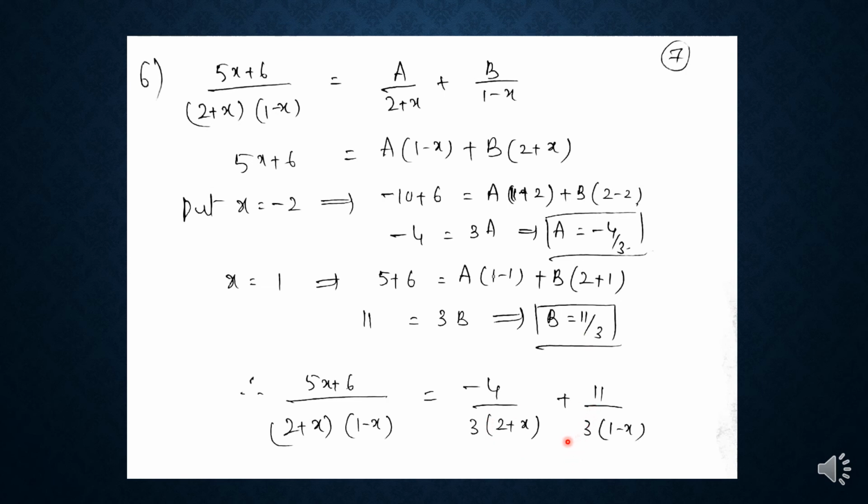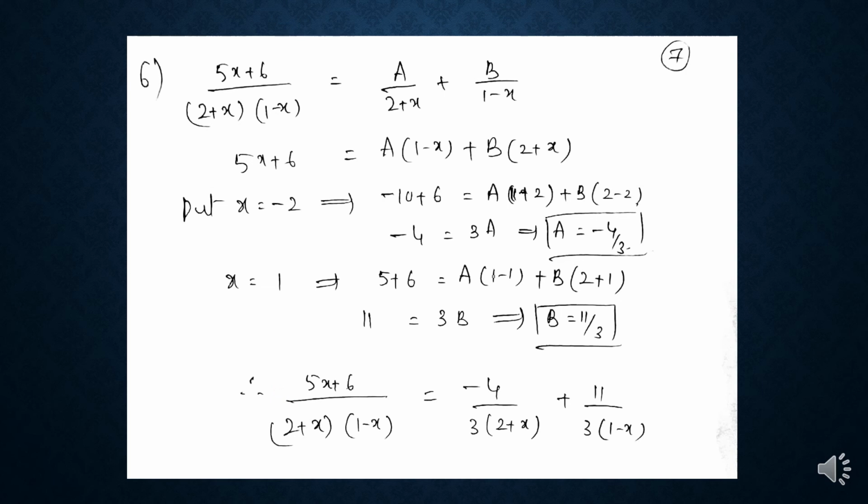So this is resolving the given fraction into partial fractions. Thus we resolved the single fraction 5x plus 6 by 2 plus x into 1 minus x as a sum of two fractions, that is minus 4 by 3 into 2 plus x plus 11 by 3 into 1 minus x.